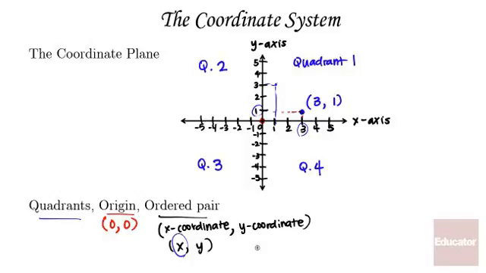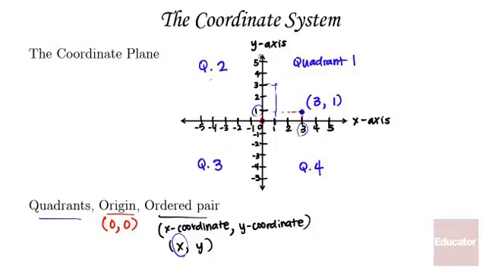So that's the coordinate plane. Again, we have the x-axis and the y-axis. Each of the four sections is called a quadrant: quadrant 1, quadrant 2, quadrant 3, and quadrant 4. Remember when you're writing out the numbers, this number is always 0. It's going to go positive to the right and negative to the left.